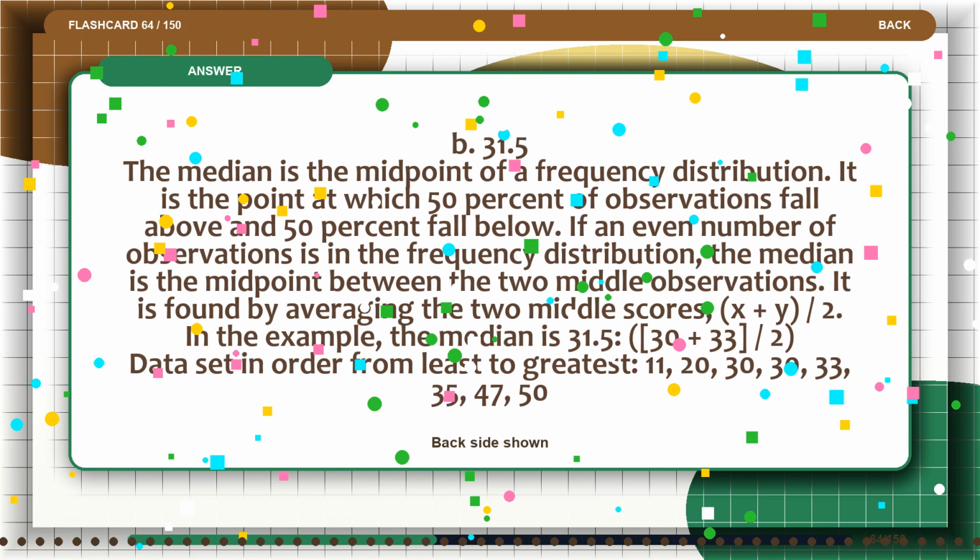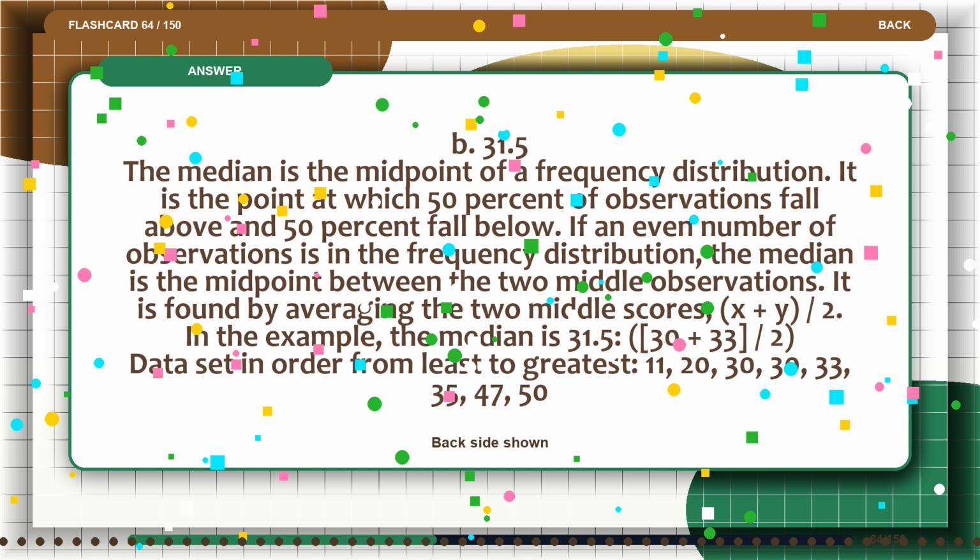The answer is B. 31.5. The median is the midpoint of a frequency distribution. It is the point at which 50% of observations fall above and 50% fall below. If an even number of observations is in the frequency distribution, the median is the midpoint between the two middle observations.